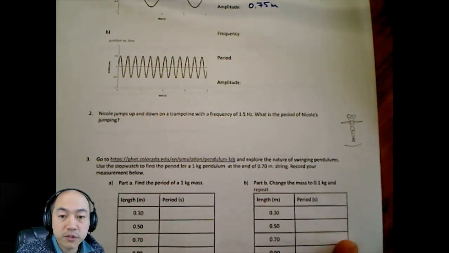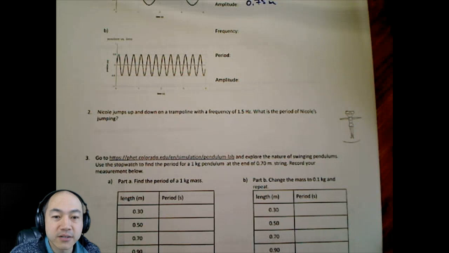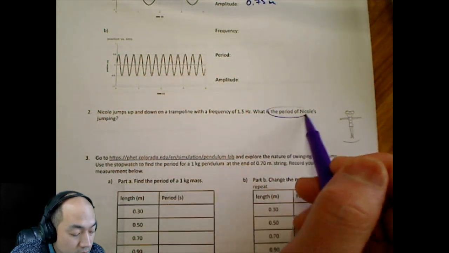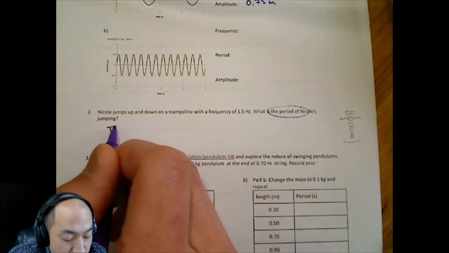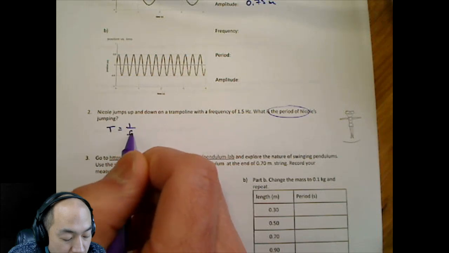Number two, Nicole jumps up and down on a trampoline with a frequency of 1.5 hertz. What's the period of Nicole's jumping? The period, right? We know that the period T is equal to 1 divided by f.